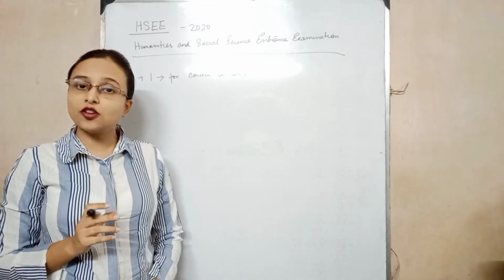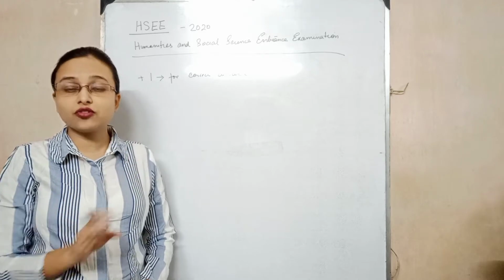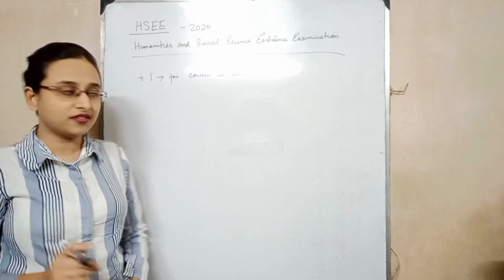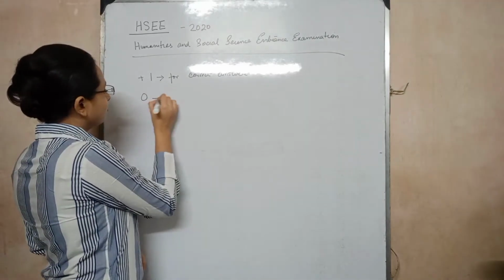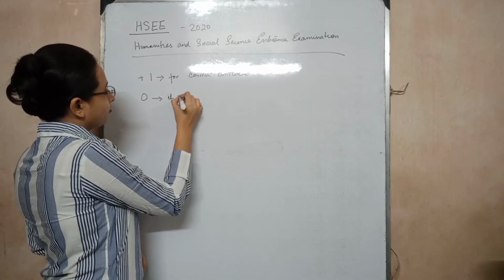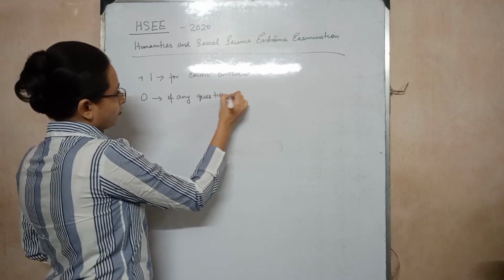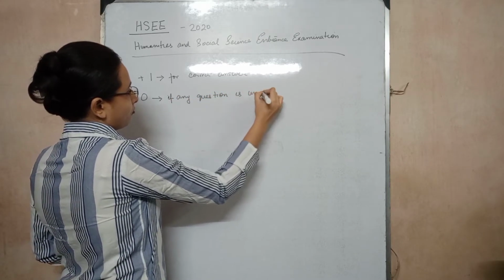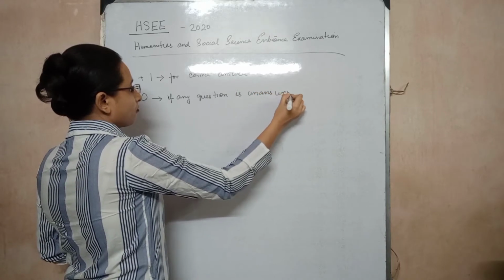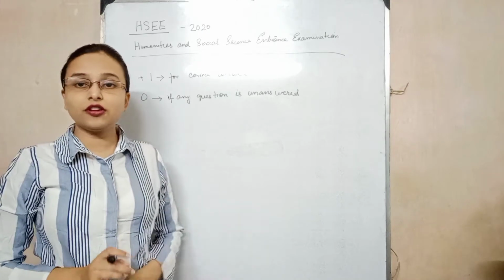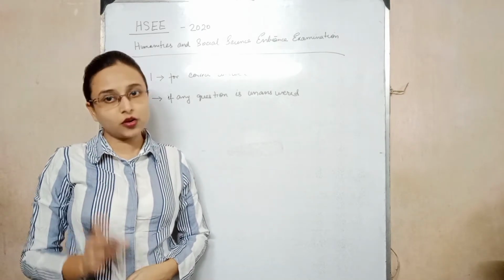You will get 0 marks if you are not choosing any of the options, or not answering any of the questions. Okay, now +1 for the correct answer, 0 if you are not answering any particular question.